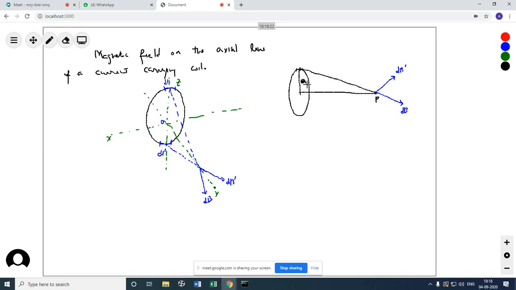So here this is the 3D picture. The actual picture that you will see in the book is something like this.